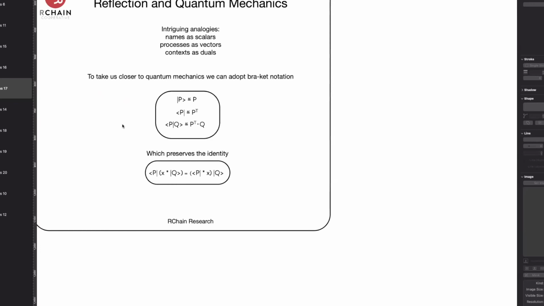In 2003, it was obvious to me that there's this strange thing going on where contexts look like dual vectors, processes look like vectors, and names look like scalars. But that's different from what's going on here. Hang on a second. Find the other one. It's this one. Yeah, so that's different than what's going on here.